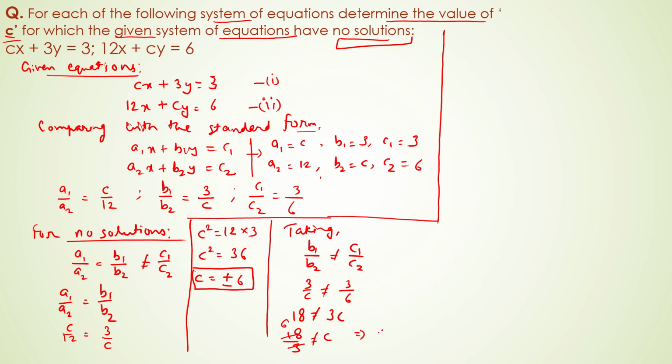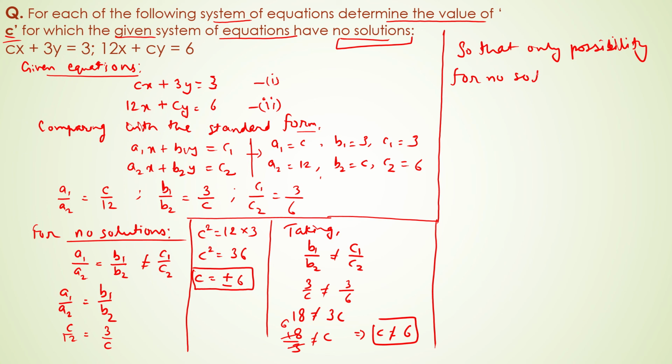So we have obtained that the value of c should not be equal to 6. So the only possibility for no solutions is c equals minus 6 and that is the required answer.